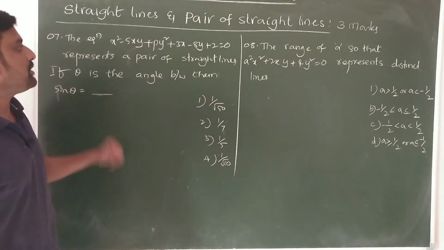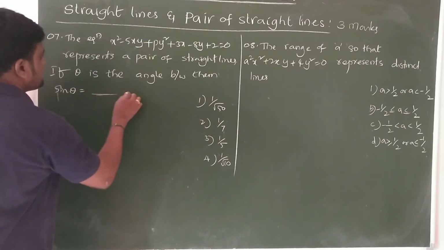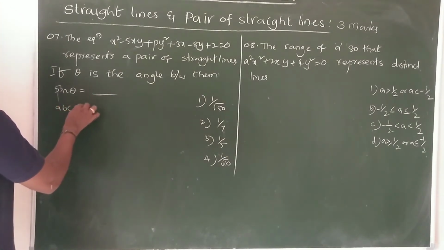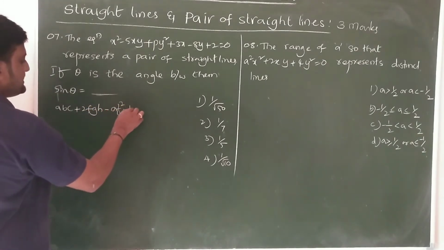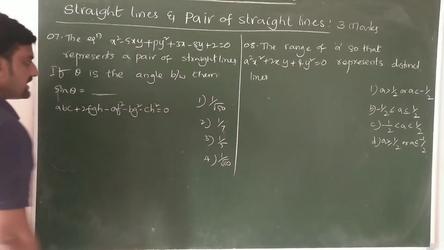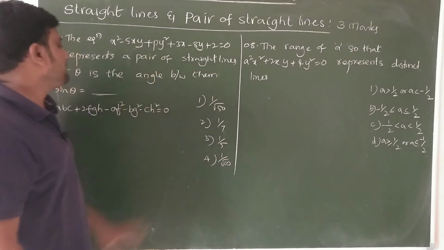By applying the properties of a pair of straight lines, the condition for the equation to represent a pair of straight lines is abc plus 2fgh minus af square minus bg square minus ch square equals 0. By this condition, we will get the p value.